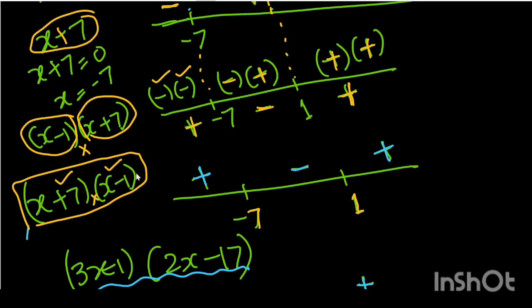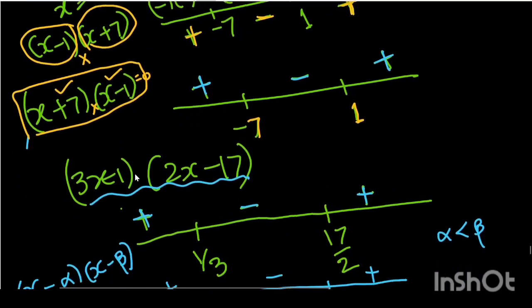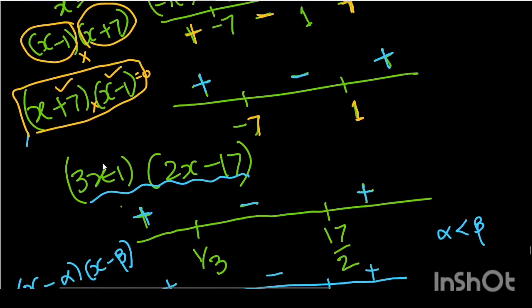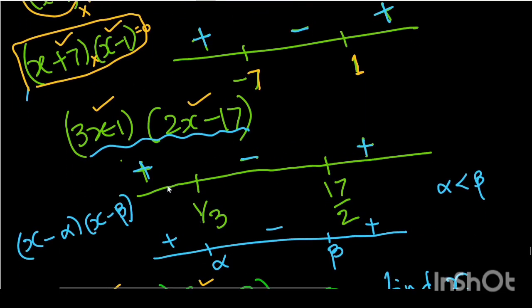Quadratic equation is when we equate them to 0, right? So in the similar way, we took another example, (3x minus 1)(2x minus 17), and we calculated in the similar way, and again the same signs we got, plus minus plus. It should be noted here that the coefficient of x in both the examples was positive, and in the second example they were 2 and 3, so both were positive.